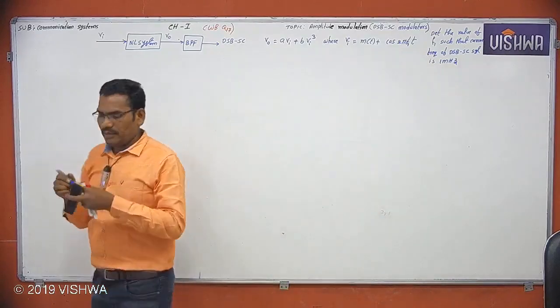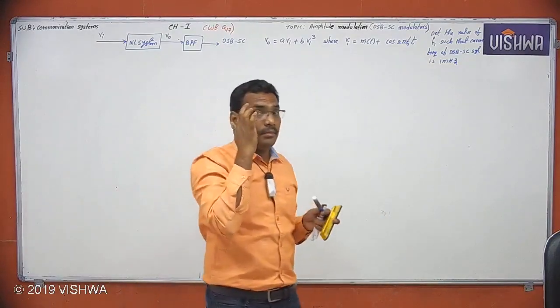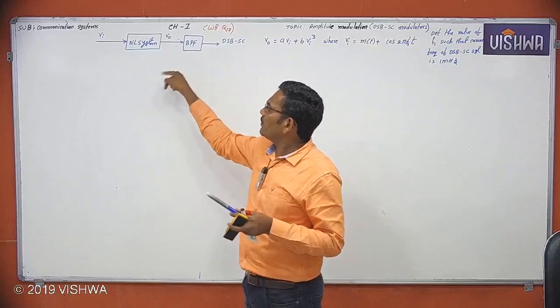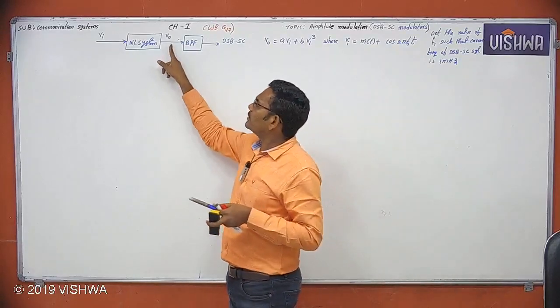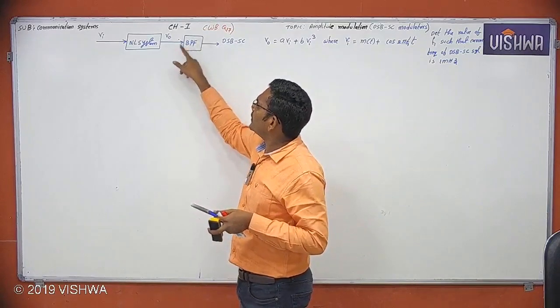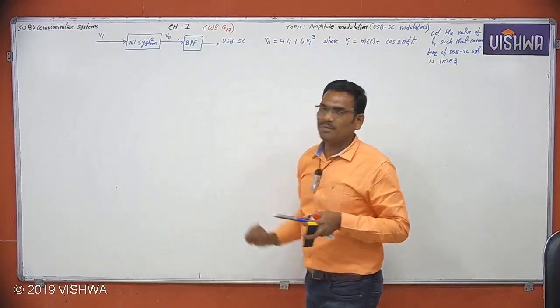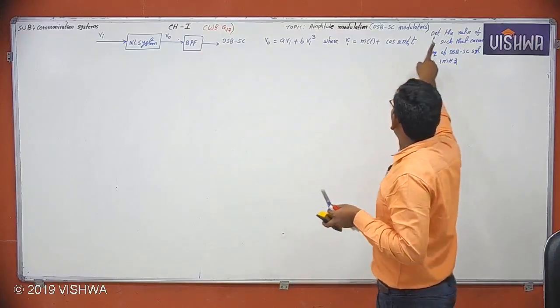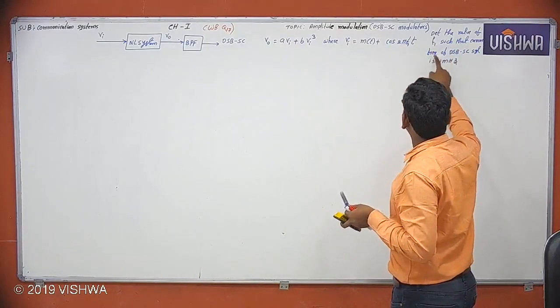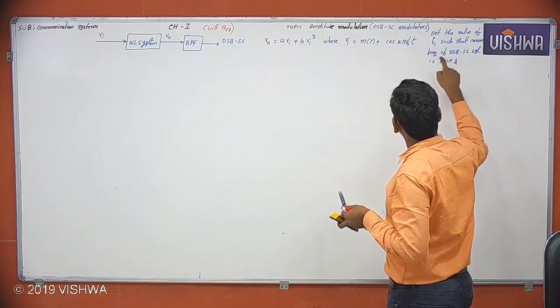First, a nonlinear system as shown in the figure below generates a DSBSC signal. Now the output is passed through a band pass filter to select a DSBSC signal. Determine the value of f1 so that the carrier frequency of the DSBSC signal is 1 megahertz.